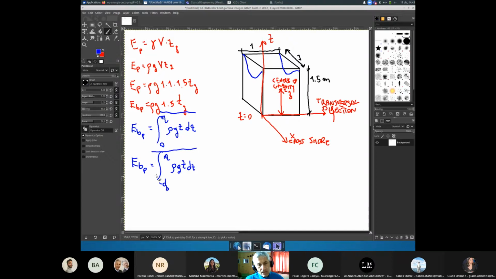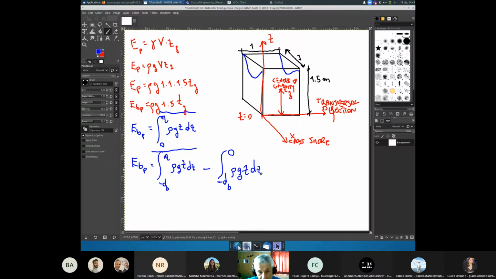This is energy per unit horizontal area with respect to the sea bottom, but we said that we want to compute the energy with respect to the mean sea level, and this is why I have to put here an integral with the negative sign from minus dB to 0, because z equals 0 is the average sea level, of, again, rho g z dz.